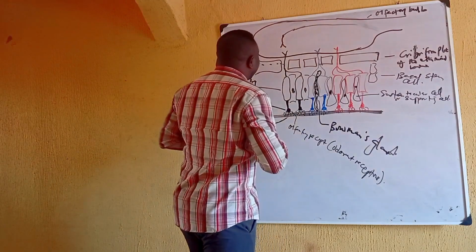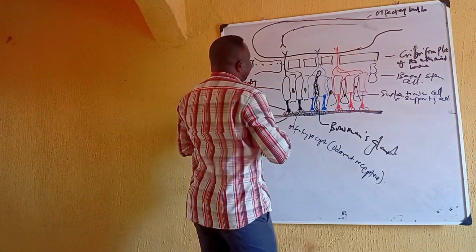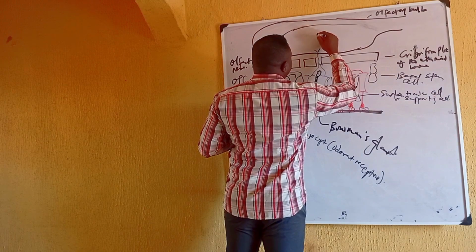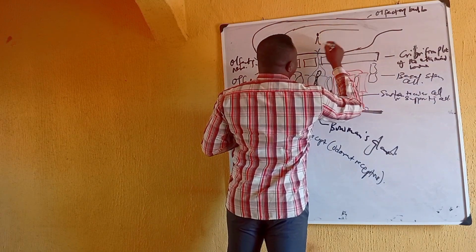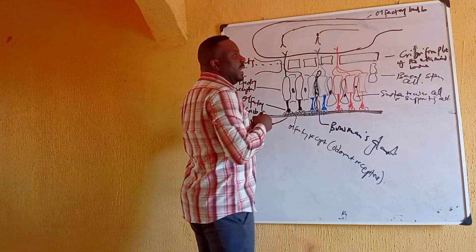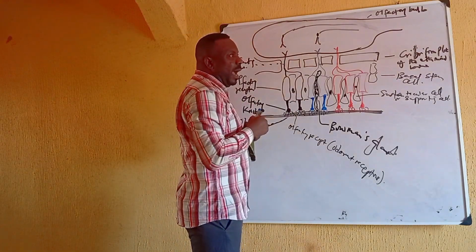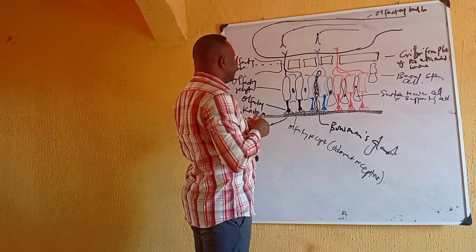And of course, there's another one that is called the tufted cells. Then there's another one that is called the granule cells, and then we have the periglomerular cells.